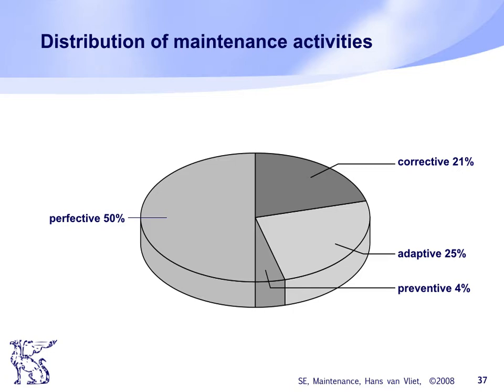That means if the user gives you new user requirements, or if you do enhancement in your software, those are perfective maintenance, and this will cost 50% of the total maintenance cost. This is the real maintenance actually. And the rest, 25%, largely concerns adapting software to changes in the external environment, and the documentation and everything only cost 4%.